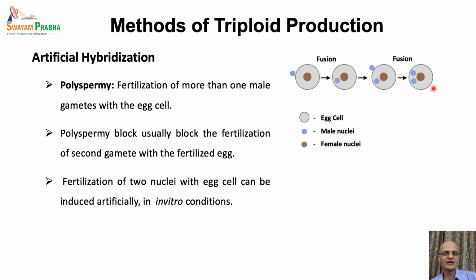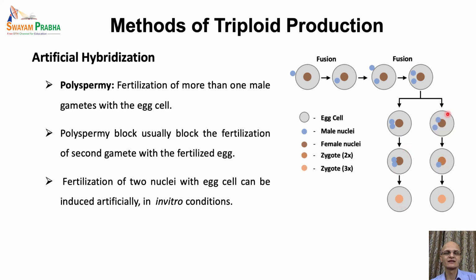Now further development may occur through either of two pathways. One option is that the two male nuclei fuse with each other in the egg cell, and then this nucleus with two sets of chromosomes, that is, it has 2x ploidy, fuses with the egg nucleus, thereby generating the triploid zygote.